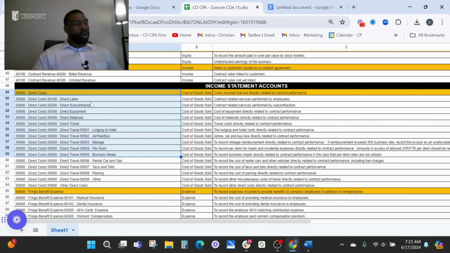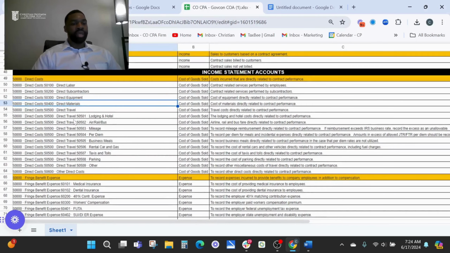If your workers are in the field delivering a contract or fulfilling the contract needs, that's direct labor, right? If you have plywood that you're using to complete a job that the government wants you to fulfill, that's going to be under direct material. The travel cost to get there, say you're in Houston and you have work in Atlanta to deliver something, that travel cost is directly associated with fulfilling a job. So you want to capture that in different buckets.